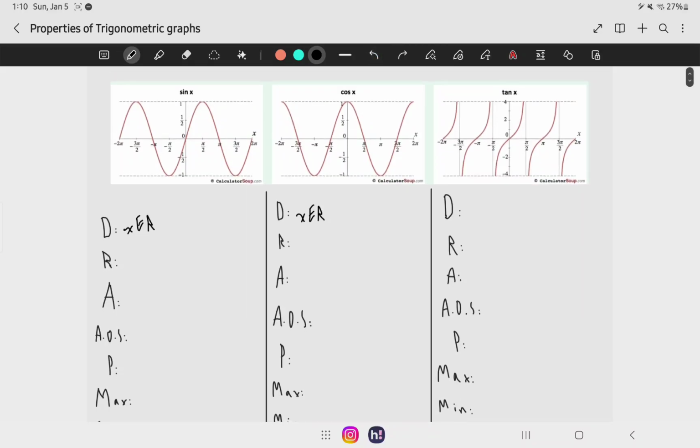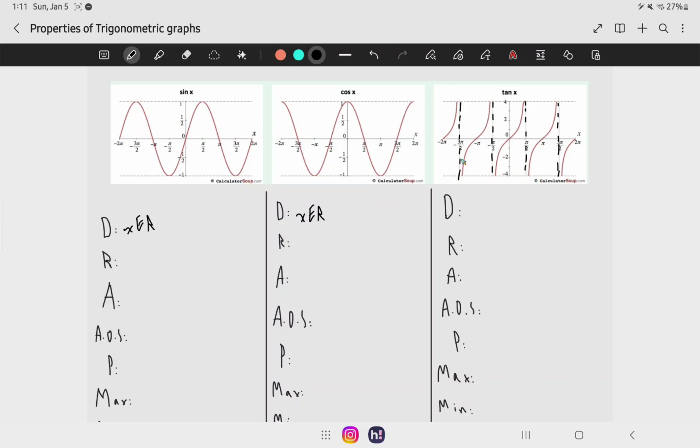For the tangent graph, though, it is different, and that's because starting at pi over 2, and then adding a pi to that causes asymptotes to form at every one of these points.